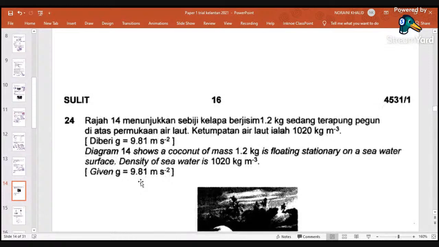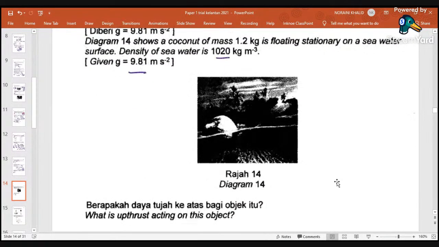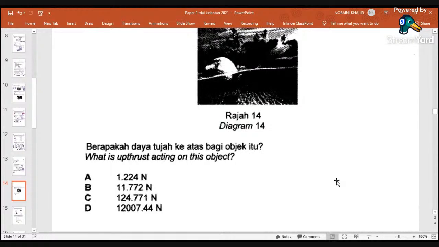Number 24. The diagram shows a 1.2 kg coconut floating stationary on seawater, density of water given, g also given. What is the upthrust acting on this object?